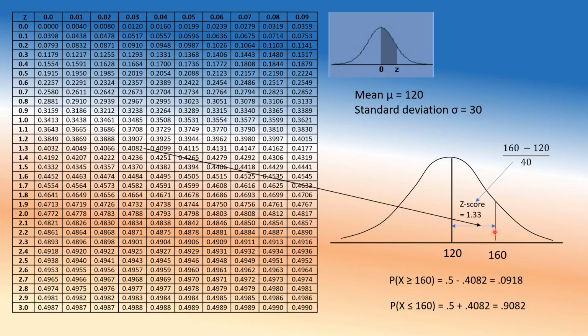Well, that will be all the way from here to the end, left side. Well, this we know is 0.4082. This we know is 0.5. So 0.5 plus 0.4082 is 0.9082. So there is a 90.82% probability it will be less than 160, and about a 9% probability it will be more than 160.